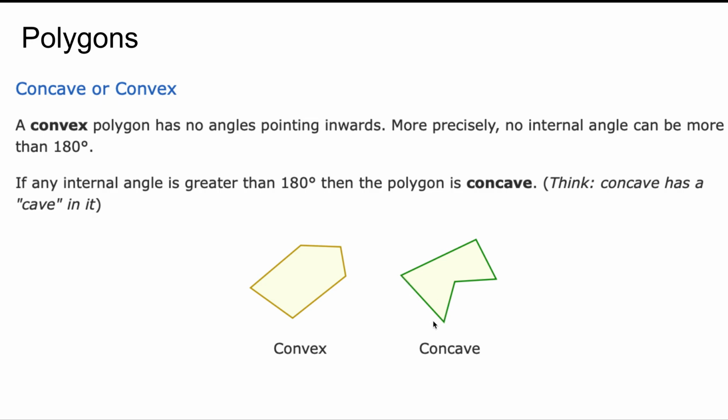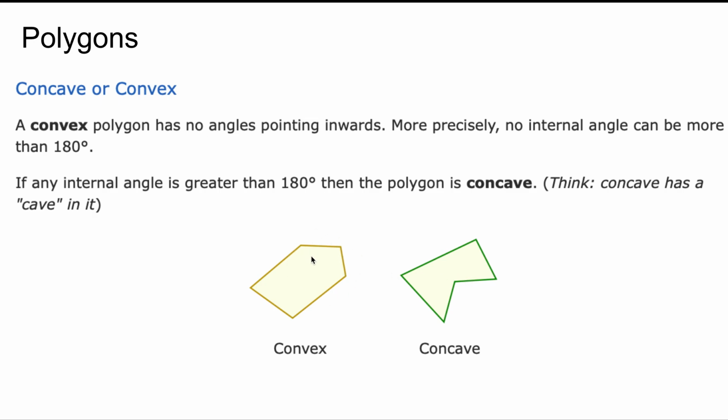So in this polygon, if you see the interior angle here, it's greater than 180 degrees. A straight line is 180, but if it's bigger than that, then it becomes concave. Usually just one is enough, but if you find any internal angle greater than 180 degrees, then we call that concave.